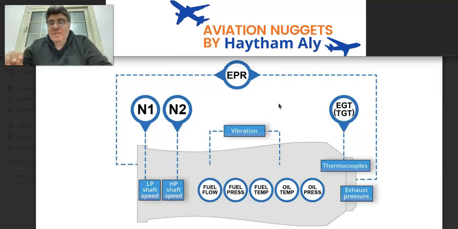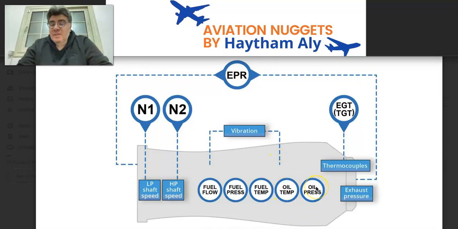The upper ECAM is the primary engine indication, and the lower ECAM is the secondary engine indication. The primary engine indication comes directly from the FADEC, from the EEC or ECU, directly to the upper ECAM, which is maybe EPR, N1, N2, EGT, and fuel flow. And on the lower ECAM, we have vibration indication, oil quantity, temperature, and pressure.